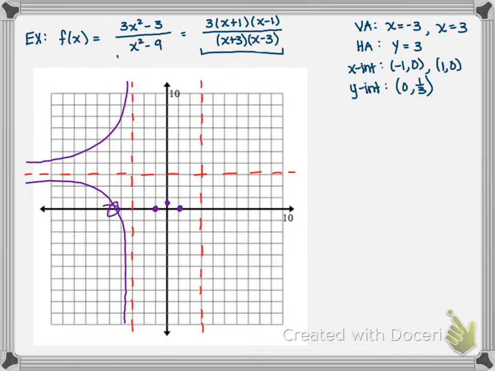I'm not allowed to cross the x-axis right there. I am only allowed to cross the x-axis at those 2 points because those are the only 2 x values that make my y value 0. And so in this case, I know that my graph has to look like that because I'm not allowed to create new intercepts that I didn't already find.